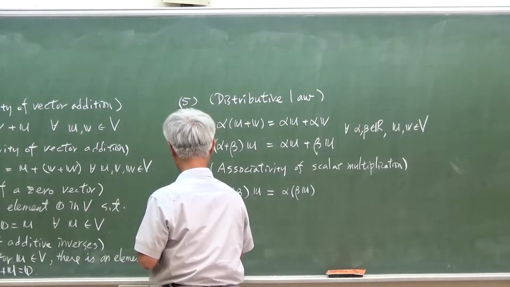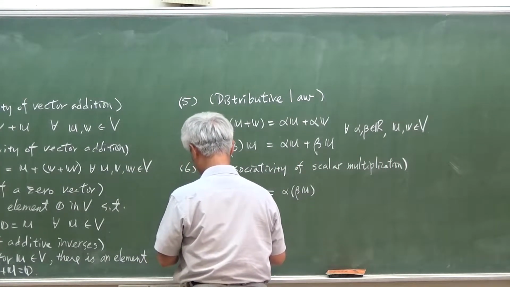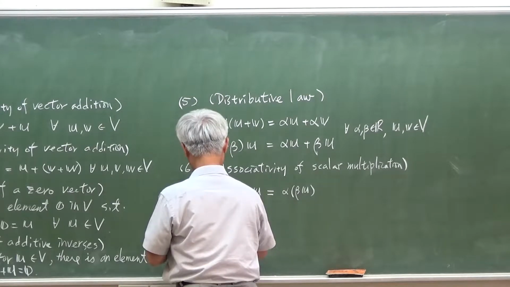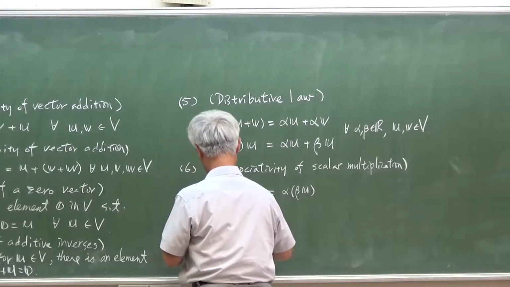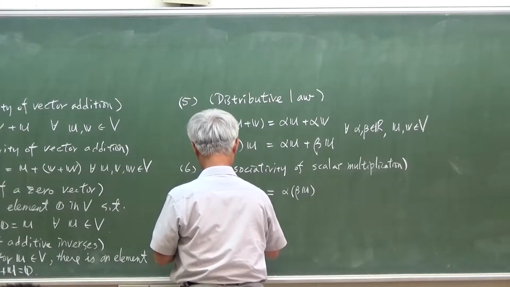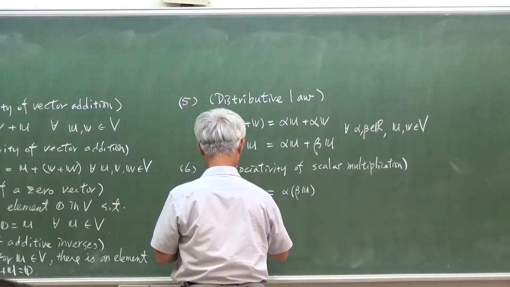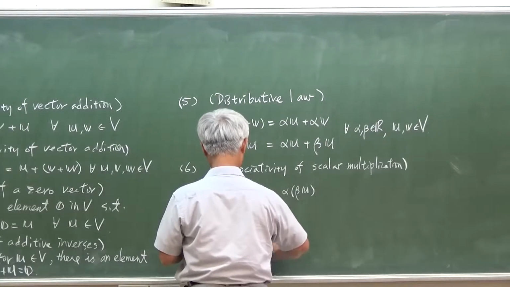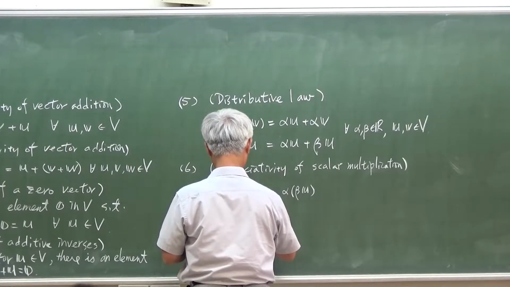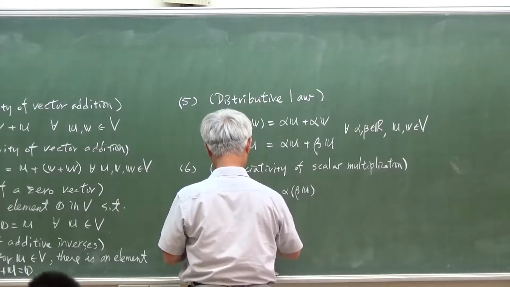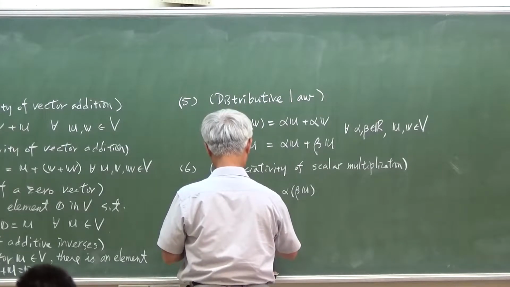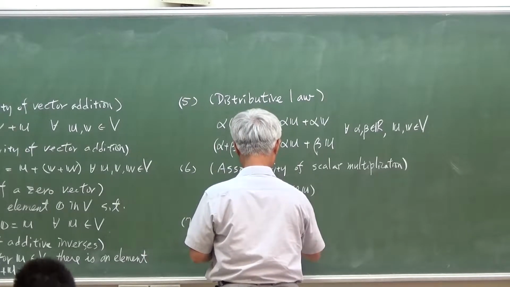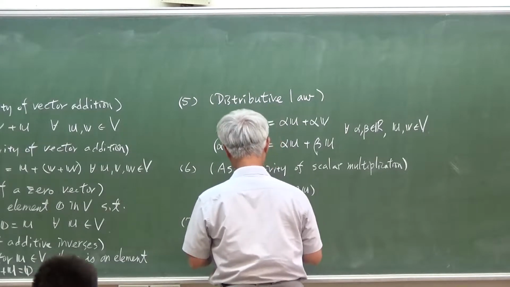And the seventh thing is what we call the neutral property.